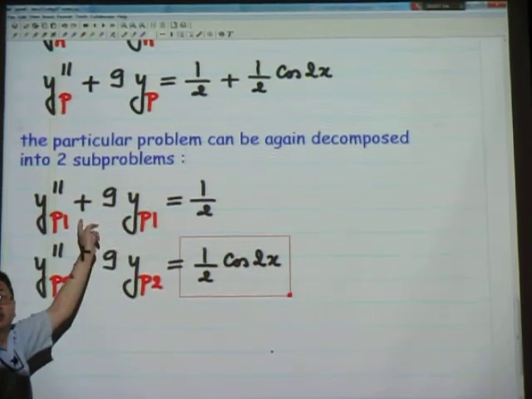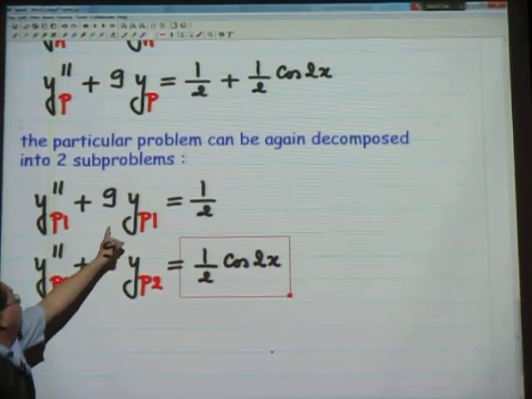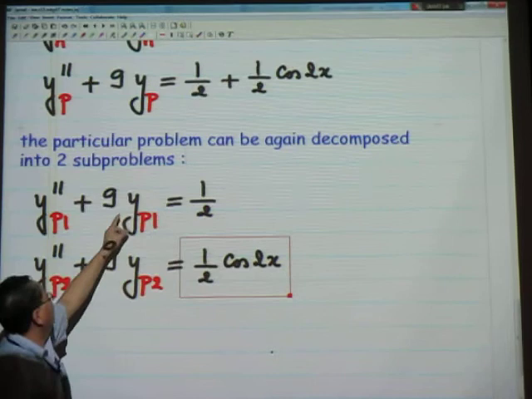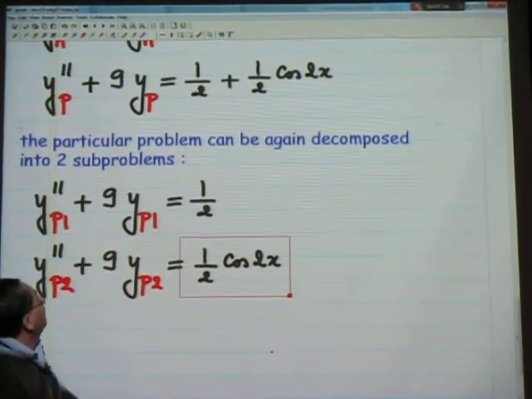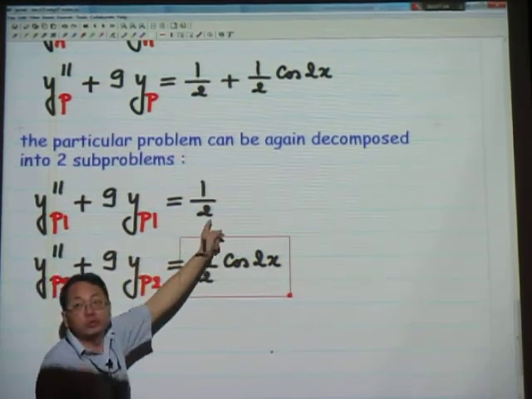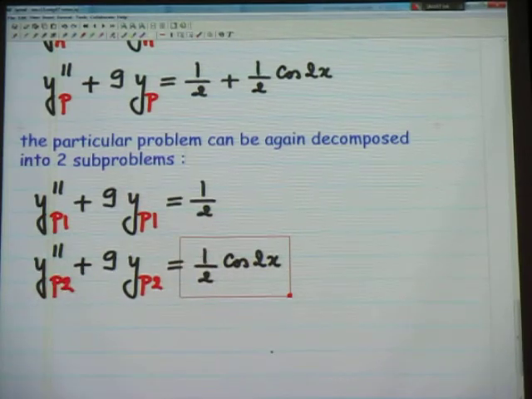So the solution for the first sub-problem is simple, right? Because you just select a constant. So if yp1 is equal to 1 over 2 times 9, then you get 1 over 2, right? So that's simple.